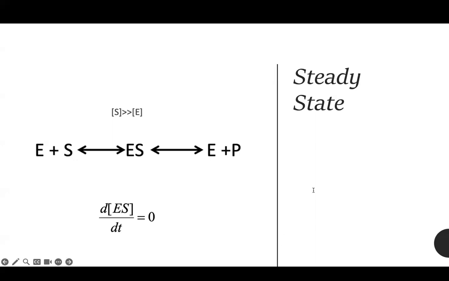So not every enzyme substrate complex will remain an enzyme substrate complex, but it will form an equilibrium between forward and reverse reaction, as well as enzyme substrate complex forming enzyme and product. If we take this assumption, we can assume that enzyme substrate complex concentration remains constant until all substrate has reacted, and therefore the change of enzyme substrate concentration over time is 0.